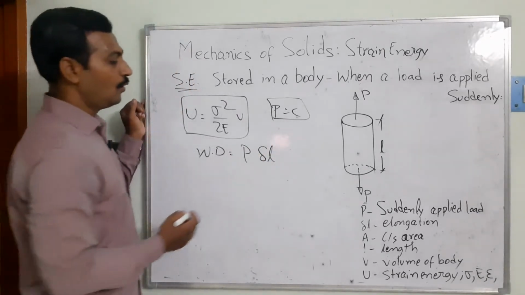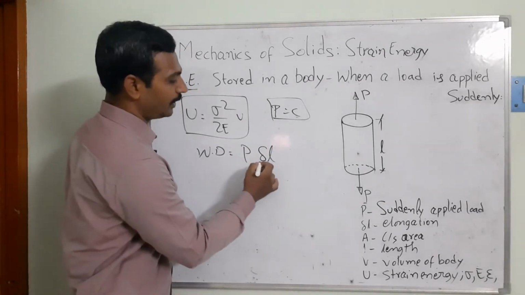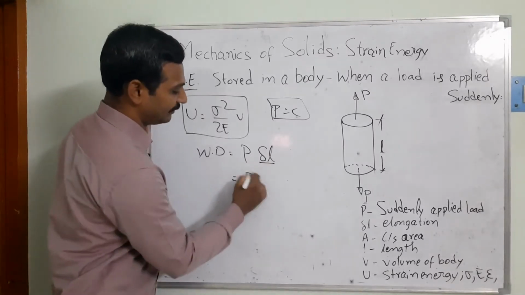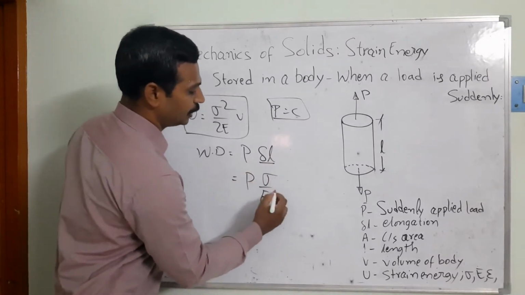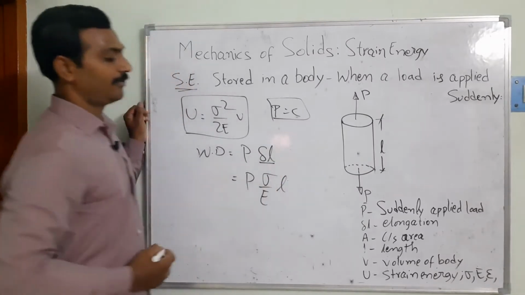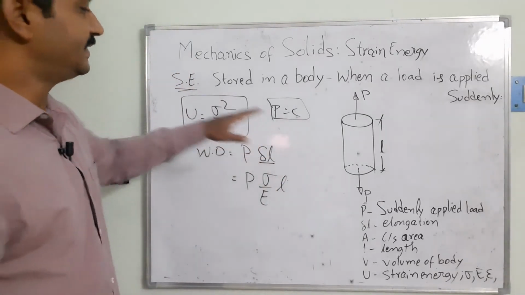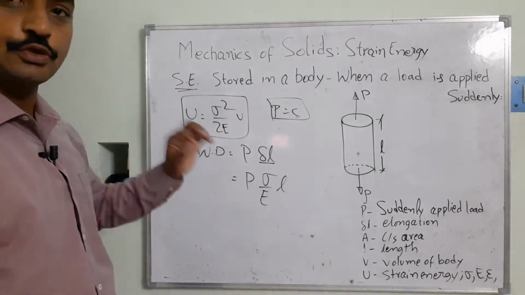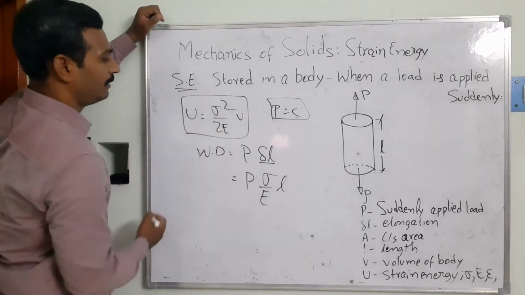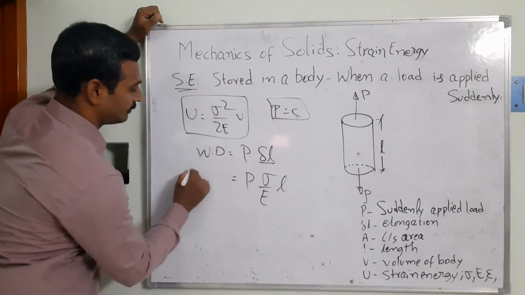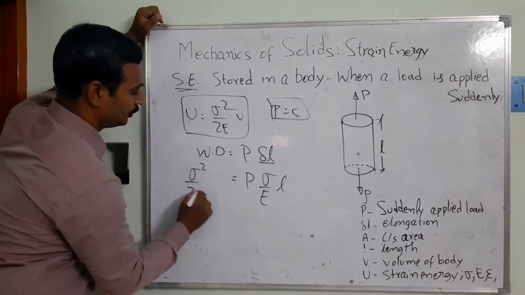As we know, we need to find out del L. I am going to write this equation as P into sigma by E into L. As we know, the work done on the system is equal to the strain energy stored inside the body, so I equate it to sigma square by 2E into volume.